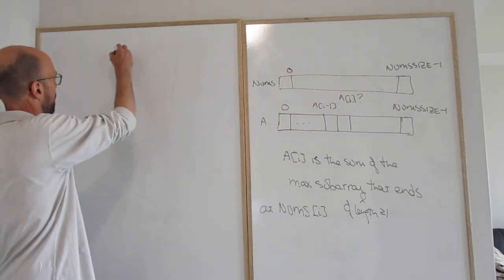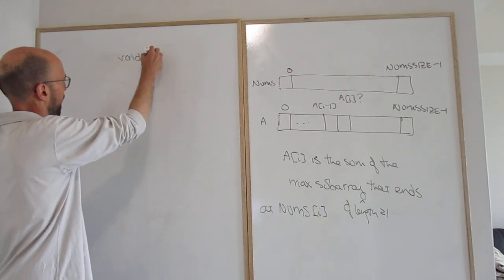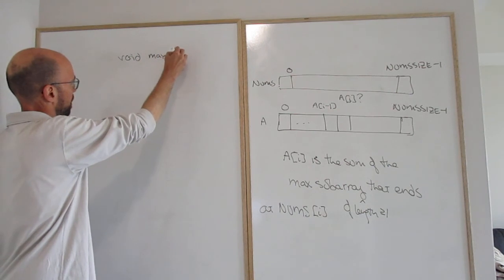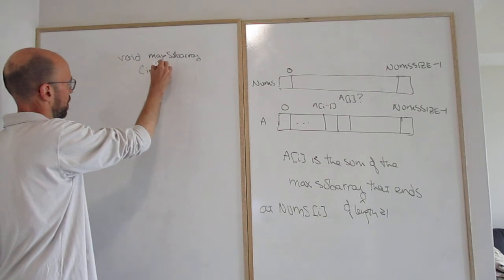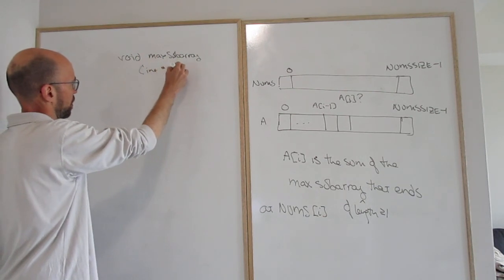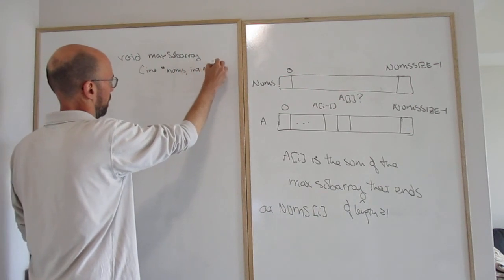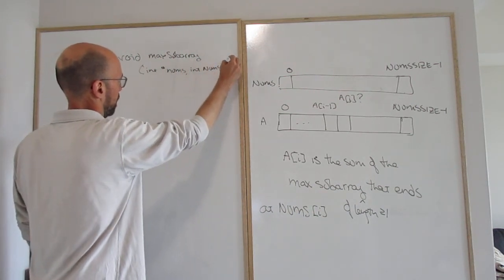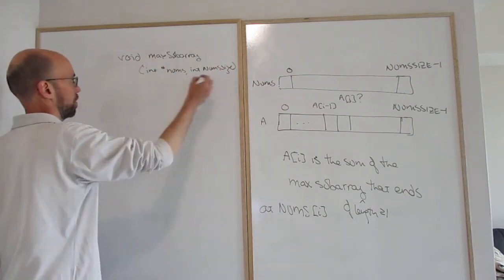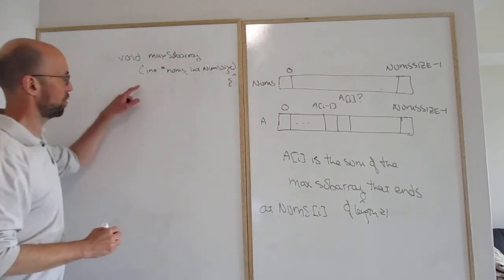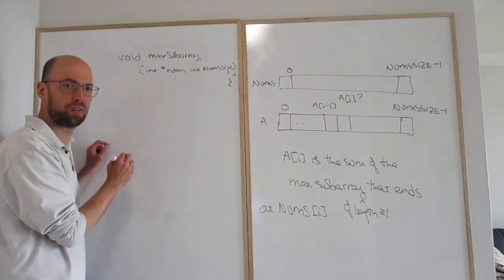You're given something like void max subarray, and this takes int pointer nums and int num size, and returns, and now you do this whatever, and then you print or return.